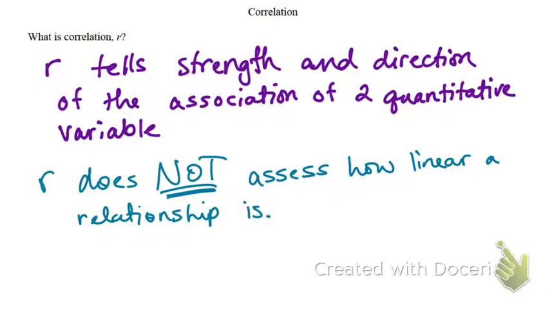People will get an r value and immediately assume it's linear because r is almost always used in a linear relationship, but you can get an r value even when something's not linear, and I'm going to show you some examples of that in just a few minutes. So r tells us strength and direction of an association of two quantitative variables, but r does not assess how linear a relationship is.